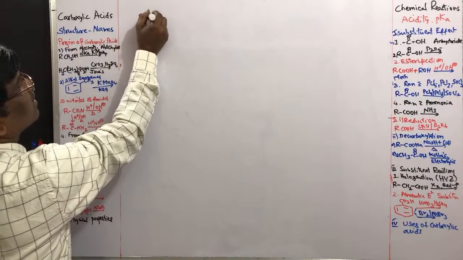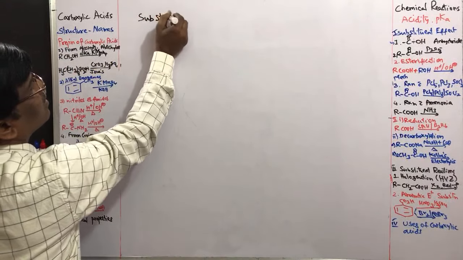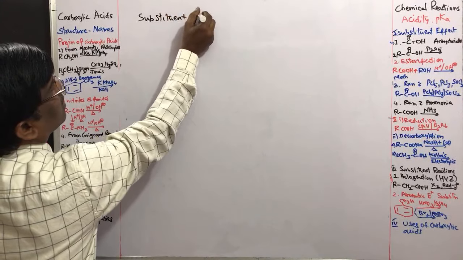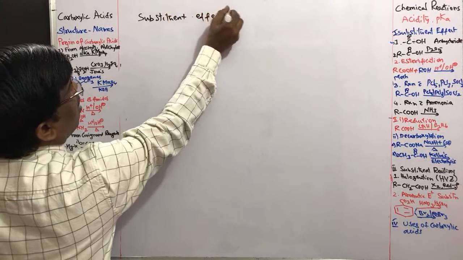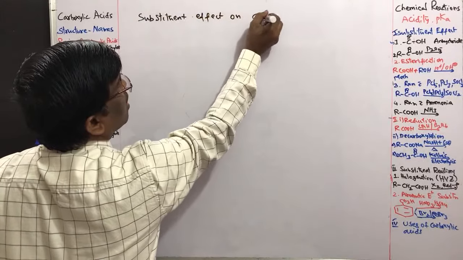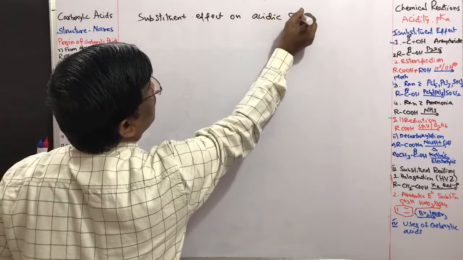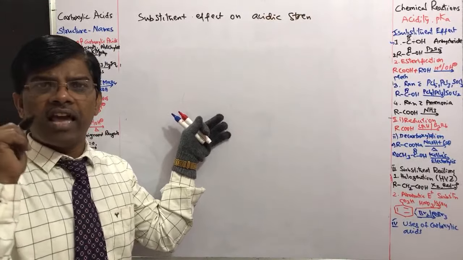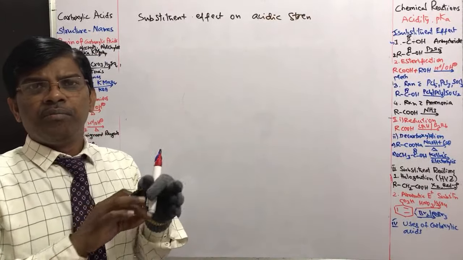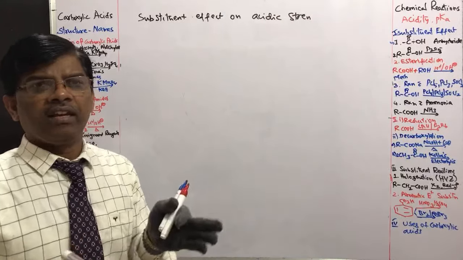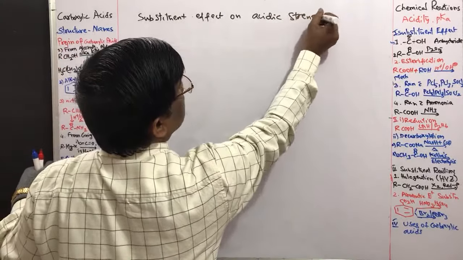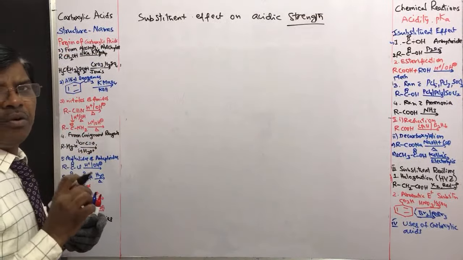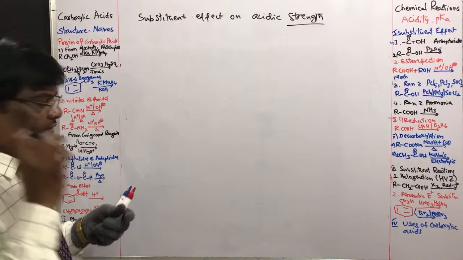Substituent effect on acidic strength of carboxylic acids. You always get at least one question on this in NEET as well as JEE, so mention which is the stronger or weaker acid. All you have to know is what the influencing groups are and what their effects are.